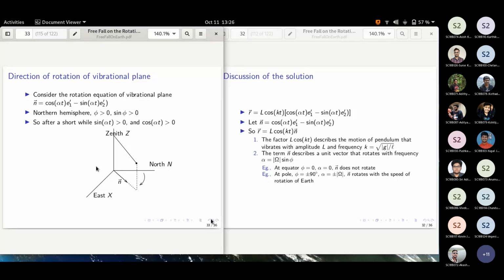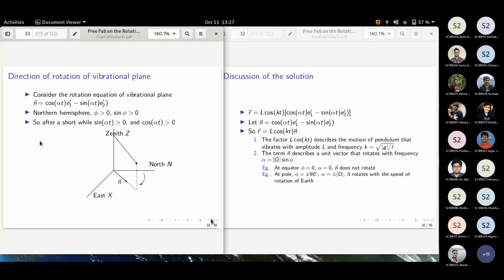Let us analyze the motion. What happens in the east? Sorry, E2 dash is the north. So if you are in the northern hemisphere and you have started the pendulum along the east, this figure does not represent it very clearly. It actually moves in the clockwise direction.